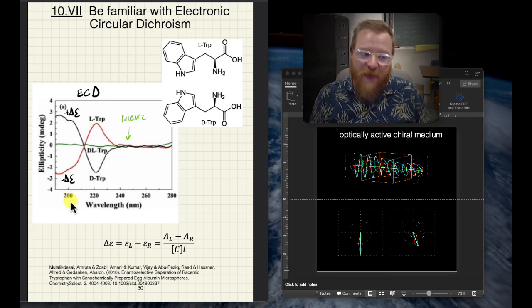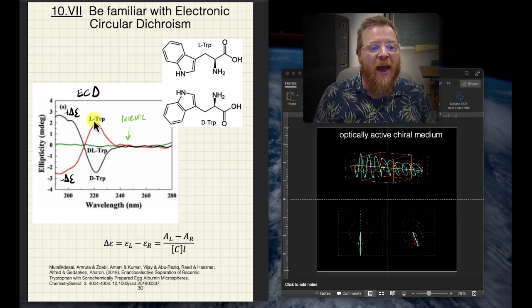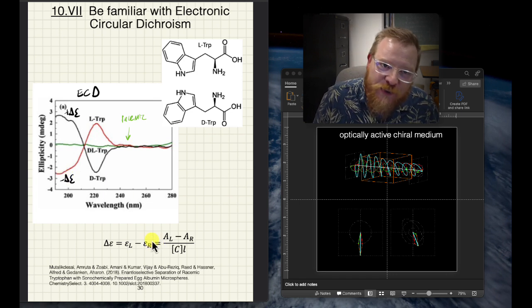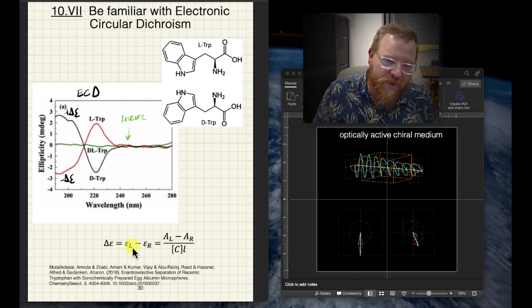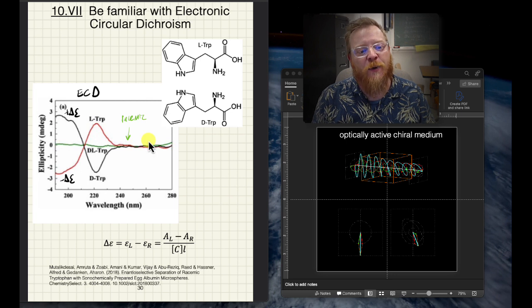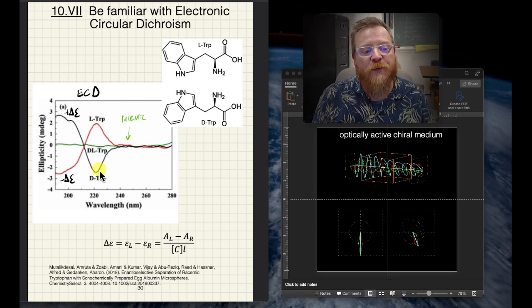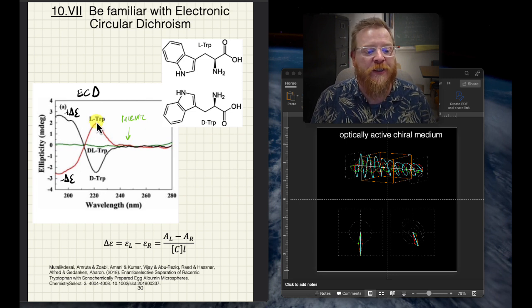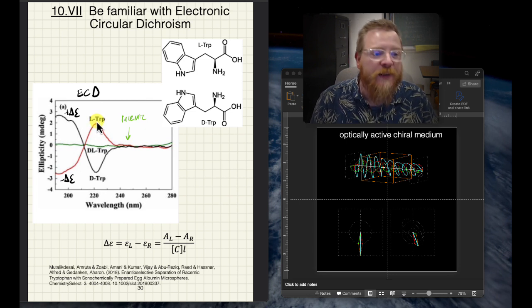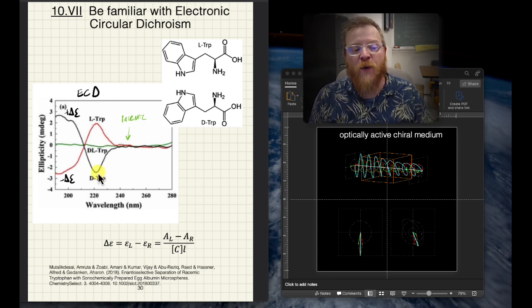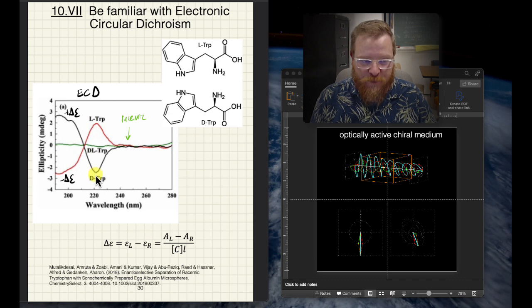In L-tryptophan, this feature at 200 nanometers is preferentially absorbed by right-handed circular polarized light over left-handed circular polarized light. Similarly, as we continue down the spectra, there's another feature here at 220 where the L enantiomer preferentially absorbs left-handed light and thus has a positive peak, and the D preferentially absorbs right-handed light and has a negative peak.